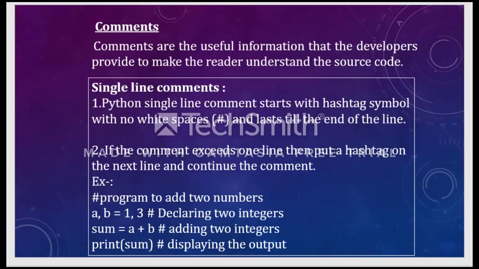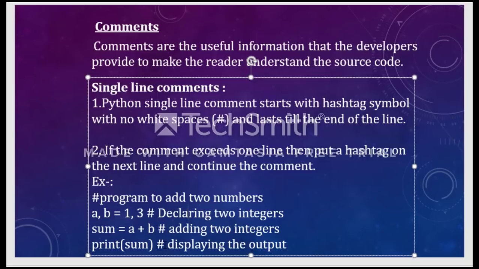So here I am providing comments for each and every line. In the first line I am telling the purpose of writing these variables, that is, declaring two integers. Then in the second line I am writing a hash symbol followed by some description, that is what the statement is about: adding two integers.